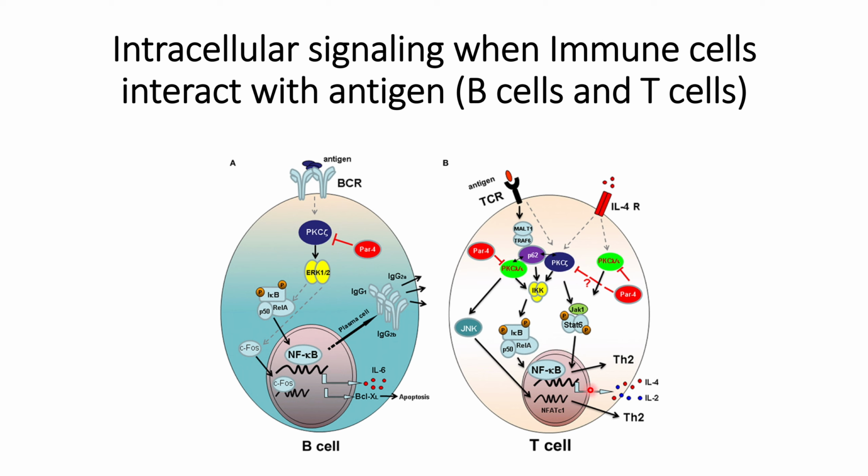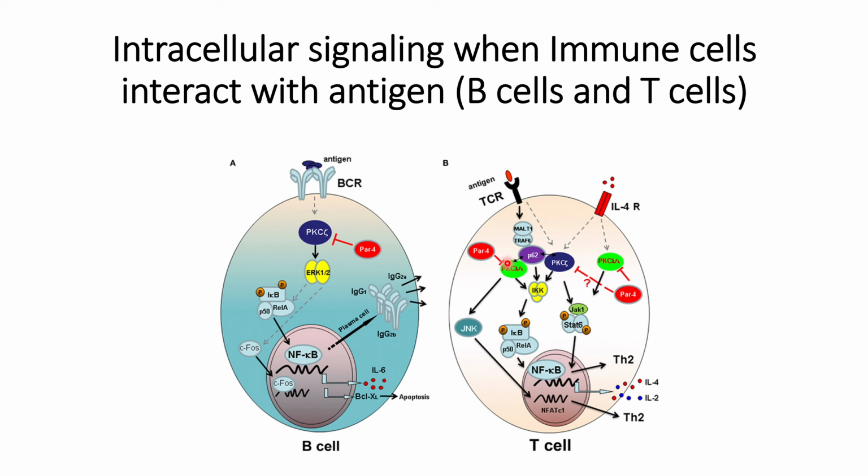Simultaneously it also helps in Th2 differentiation. This is not the only reason why T cells differentiate into Th2. There are other pathways also that help in T cell differentiation into Th2 cells. PKC lambda/iota will also cause the activation of the JNK pathway, and that causes translocation of NFATc1 into the nucleus, which also helps in the differentiation of T cells into Th2 cells.